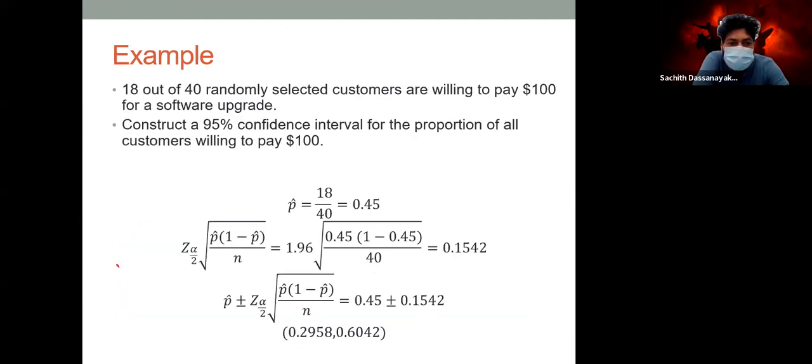Here in this example, we have 18 out of 40 selected customers who are willing to pay this much. We need to construct a 95% confidence interval for the proportion. This is not the population proportion; this is about P hat, the sample proportion.